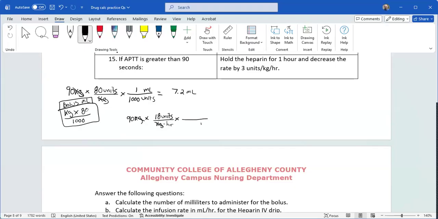I'm going to convert units to milliliters, but this time I'm going to use the IV that's available, and that's the 25,000 units in 250 mL. And for that one, I'm going to get 16.2 mL per hour.